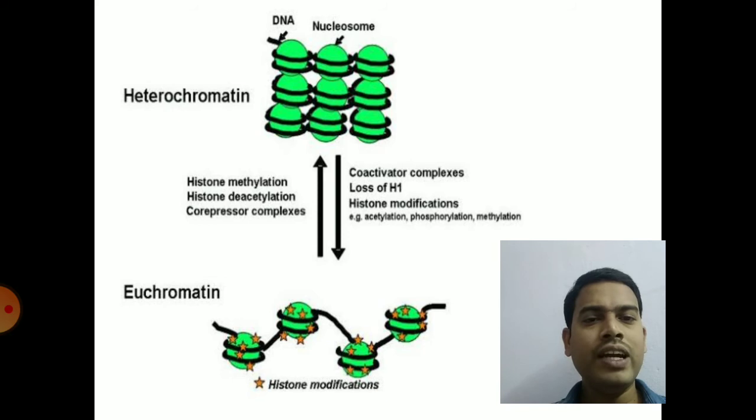You can convert the heterochromatin to euchromatin with the modification of histone proteins. Histone proteins will undergo 3 modifications: acetylation, phosphorylation and methylation. Acetylation of histones or any other modification, phosphorylation, methylation, converts heterochromatin to euchromatin. Histone demethylation or deacetylation will convert euchromatin into heterochromatin.